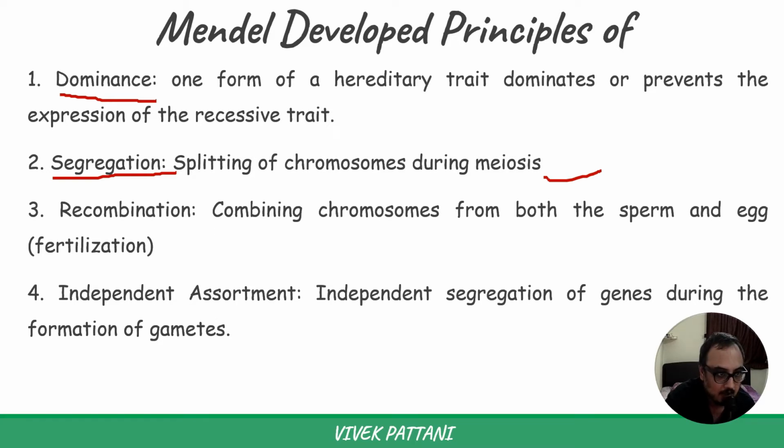Now the next one, recombination: combining chromosomes from both the sperm and the egg. Now the next one is independent assortment: the independent segregation of genes during the formation of gametes, meaning independent separation of genes during the formation of gametes.